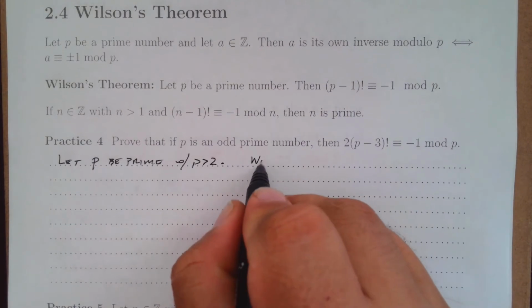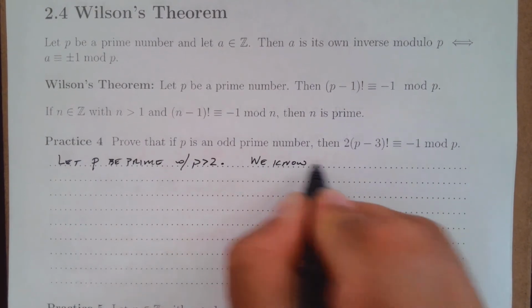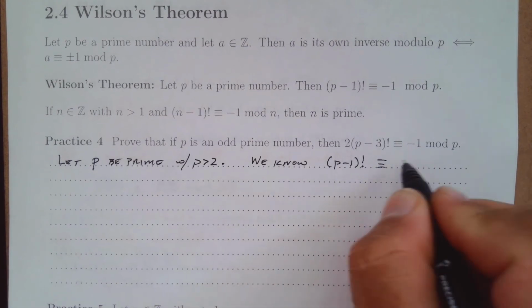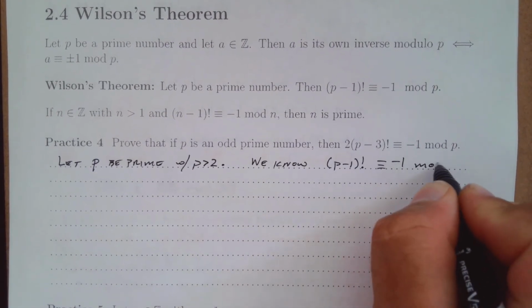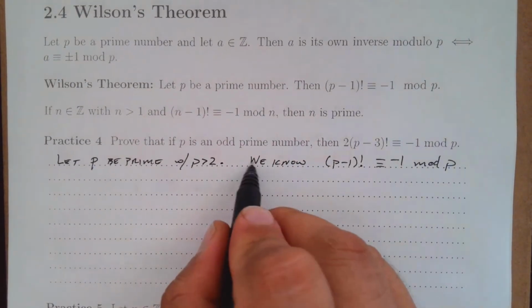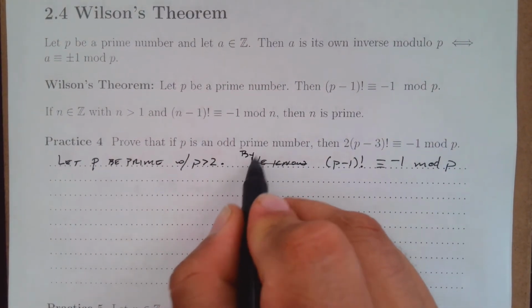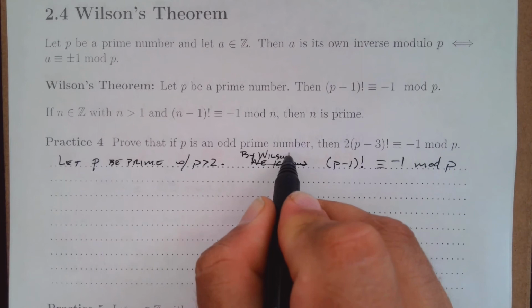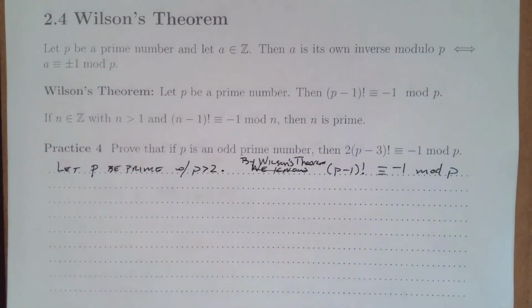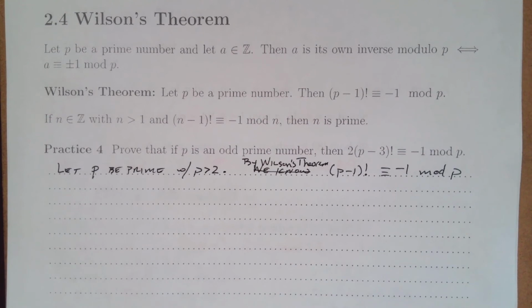Now, by Wilson's theorem, (p − 1)! is equivalent to −1 mod p.